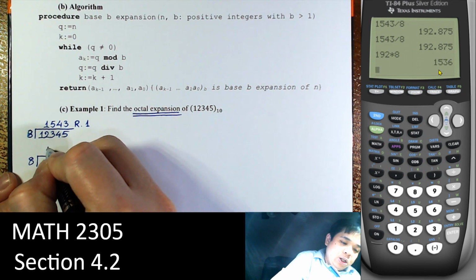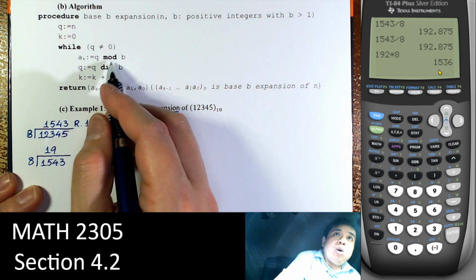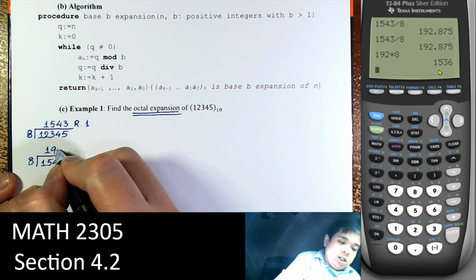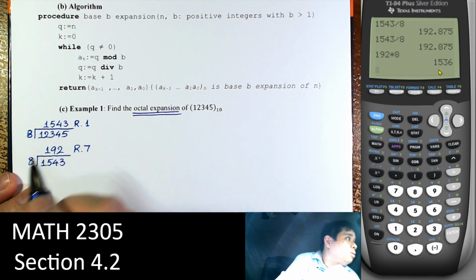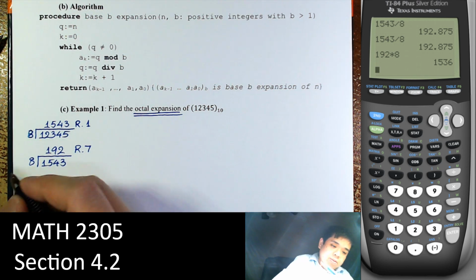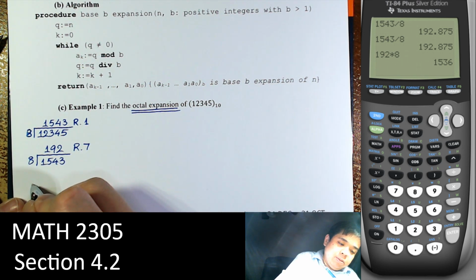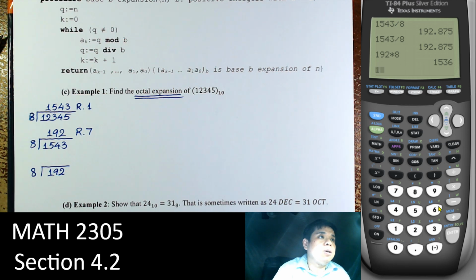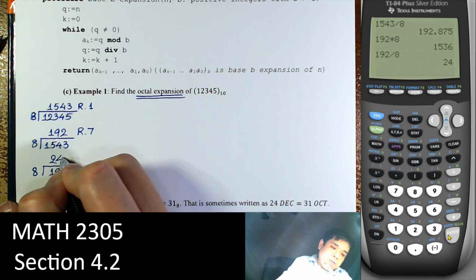So we divide, take the quotient, take the remainder, take the quotient. 192, remainder 7. Then we take 192 divided by 8. It's 24, remainder 0.